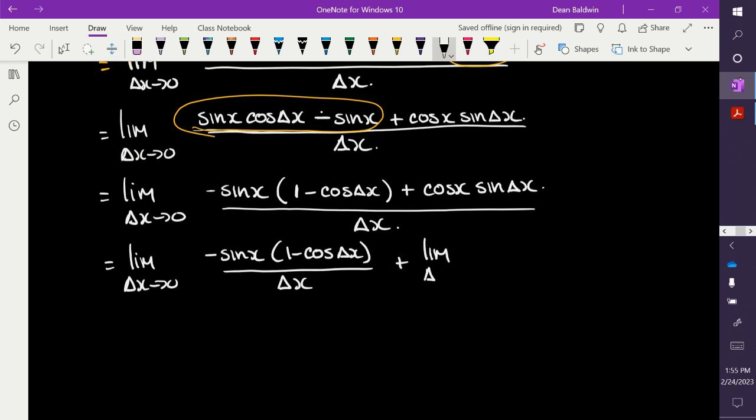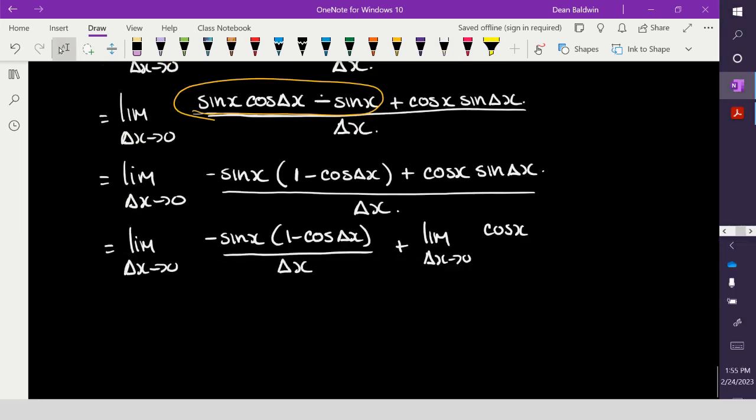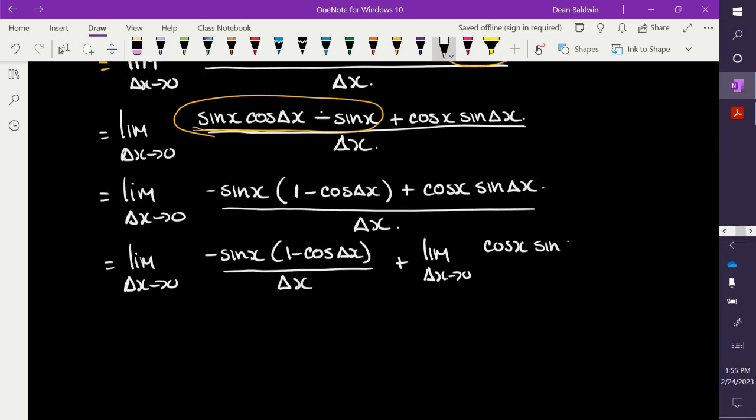And because it's limits, I can write them as separate limits. Okay? Are we with me?